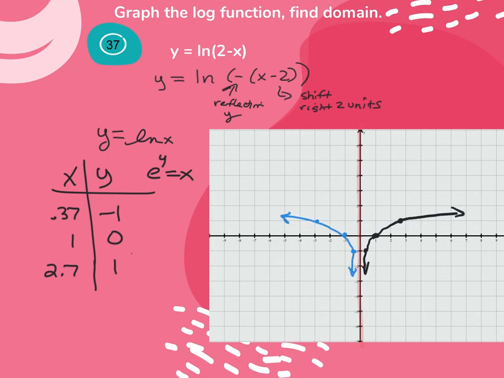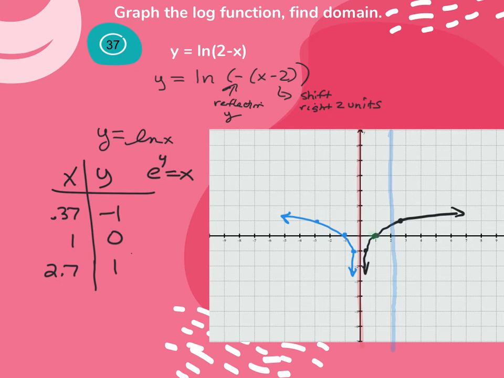And now I'm going to shift my asymptote 2 units to the right. So now my new asymptote is over here. And then I take the 3 points and I shift them to the right 2 units.